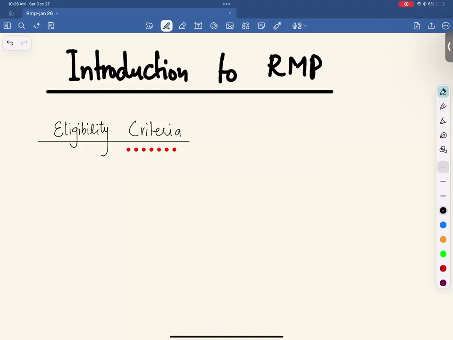Anyone, please, if you have any idea what the eligibility criteria is for the PMI risk management exam, if you have seen that?